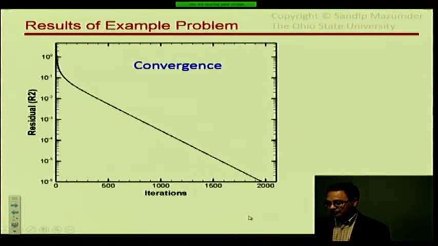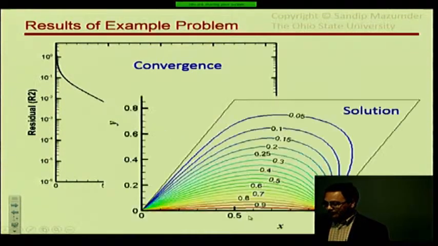So it converges in around 2000 iterations. In fact, next class I will show you the convergence when we do coordinate transformation and solve the same problem on the same mesh using body-fitted coordinates, and you will see the convergence is just a tiny bit above 2000 in that case. Here it's a tiny bit less. Okay, so that's your convergence, and then this is your solution.